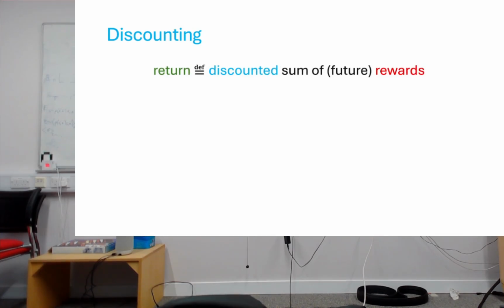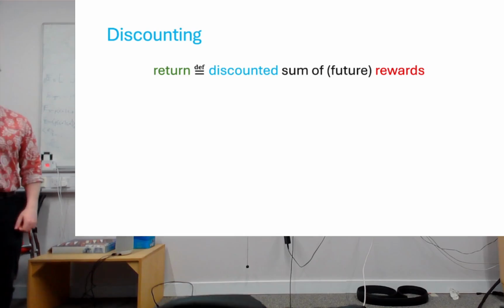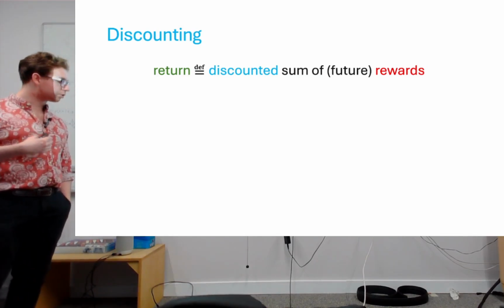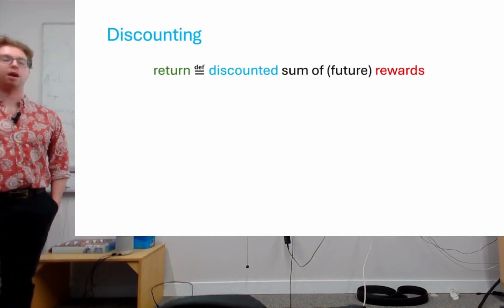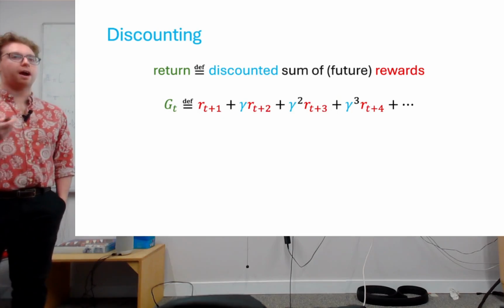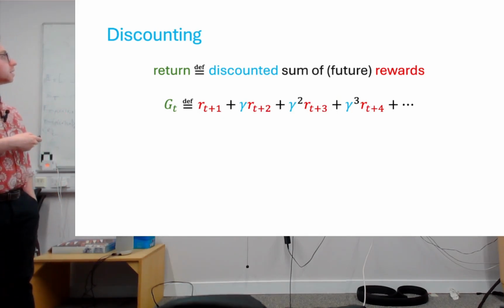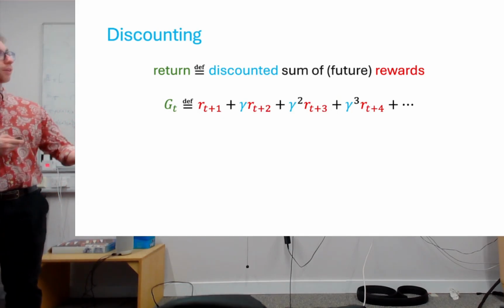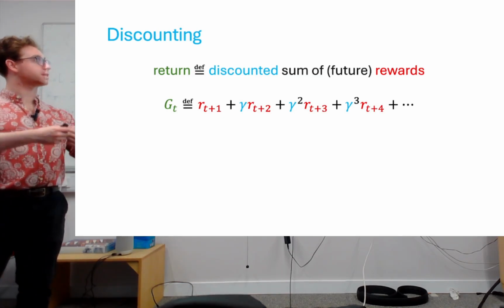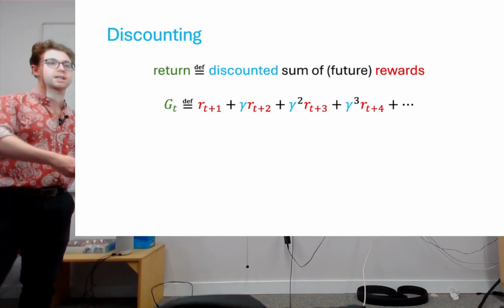The return, I'm going to redefine as the discounted sum of future rewards. So now I'm going to introduce this discount factor where for each time step I go into the future, I'm reducing the reward by one more discount factor. So how does this get expressed mathematically? It's the reward I get from the first step, plus the discount factor times the reward at the next step, plus the discount factor squared times the reward at the step after.